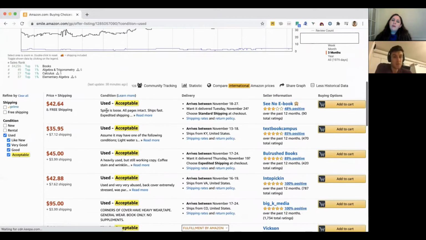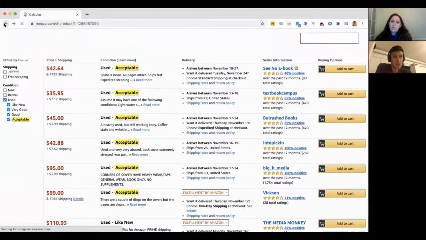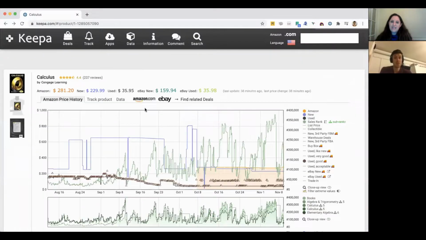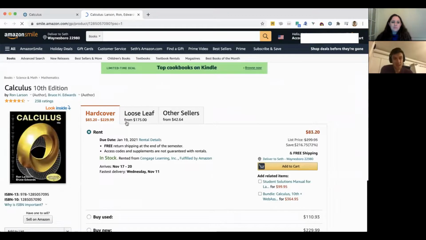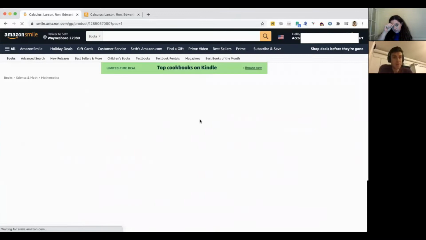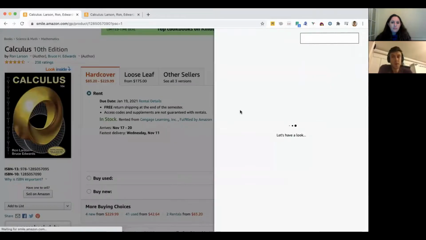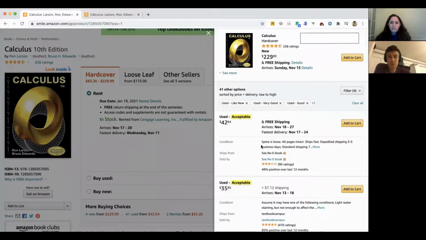What would worry me about used books is the condition. So do you just trust the condition is what they say it is? So this example, I probably wouldn't go for it. I can open it up here anyway. We can see that this seller has got a 48% feedback rating.